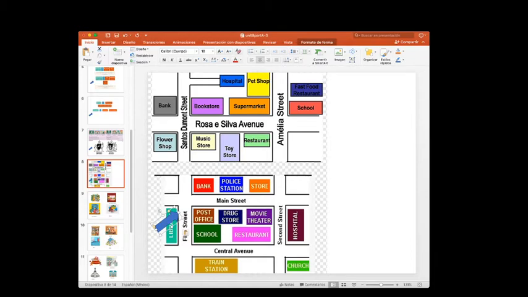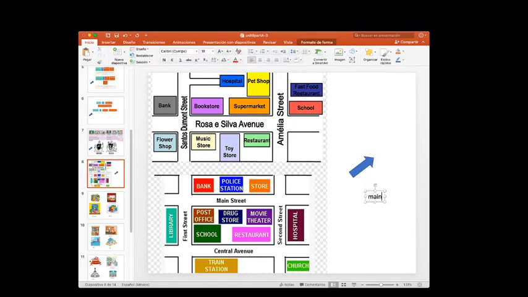For example, in this map, we have the names of streets: Santos Dumont Street, First Street, Amelia Street, Second Street, and we have different stores: bank, flower store, music store, restaurant, hospital, school, drugstore, movie theater, police station, bank, etc. Okay?